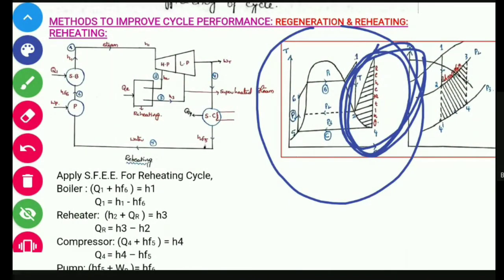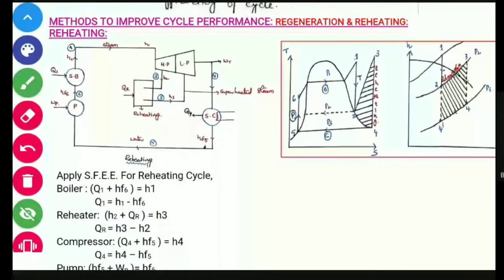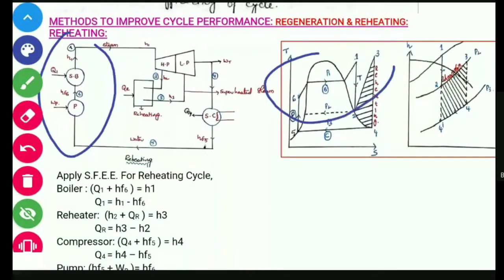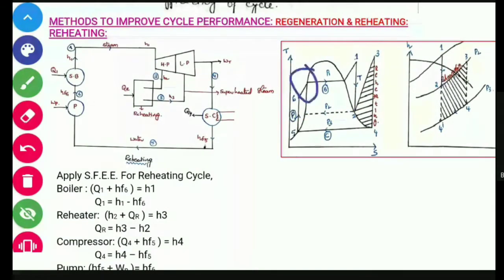So as you know, from 6 to 1, where B indicates the boiler. The boiler is in between 6 and 1. As you know, in the boiler, here is the liquid, and this is the steam phase.